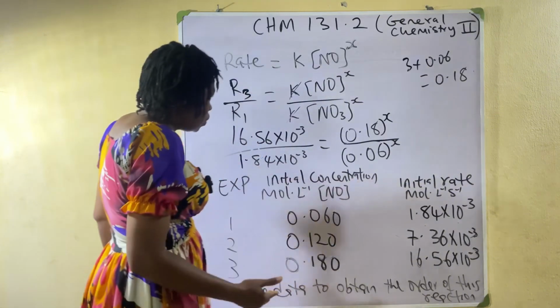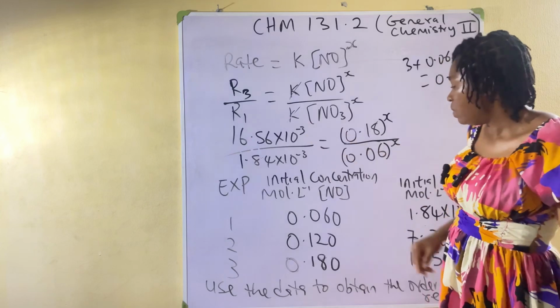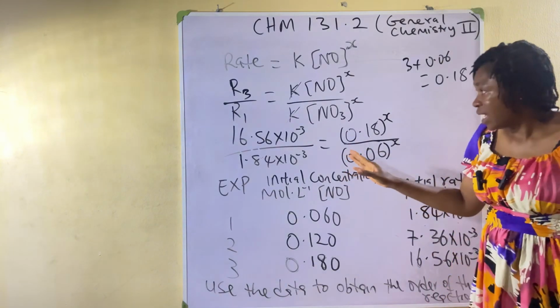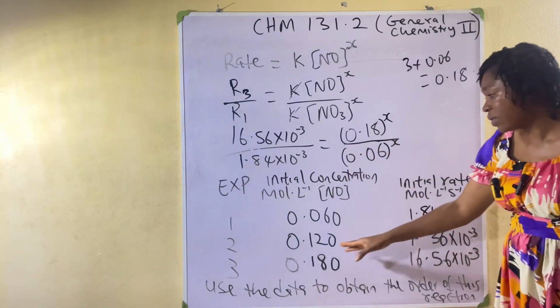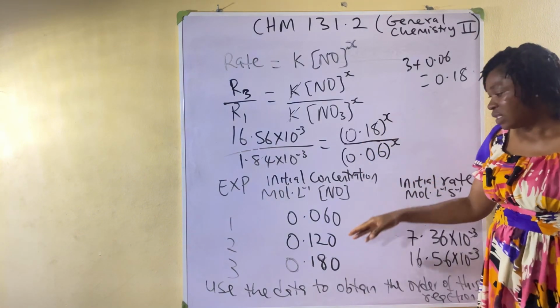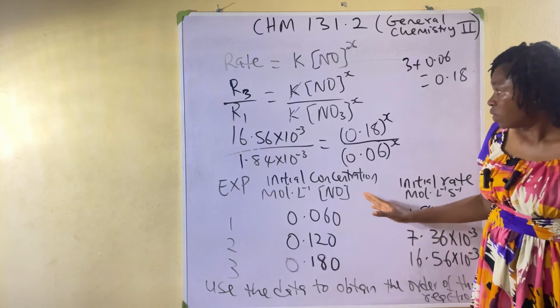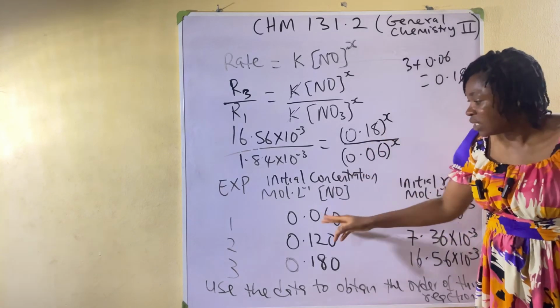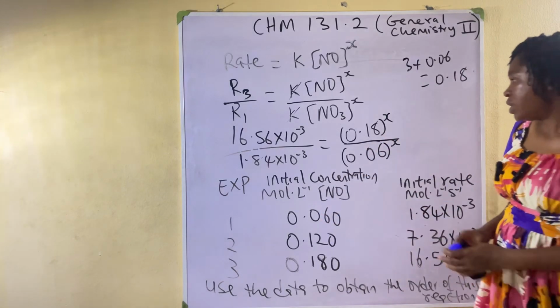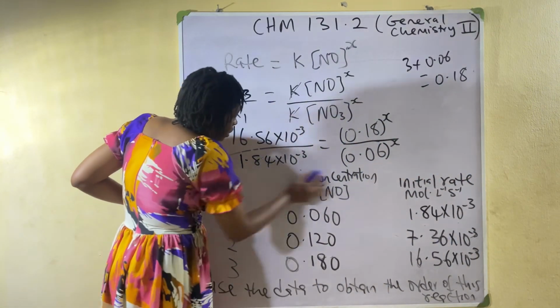So this equals k times concentration to the power x; we're going to eliminate k. What's the concentration for R3? 0.18 raised to the power x. What's the concentration for R1? 0.06.